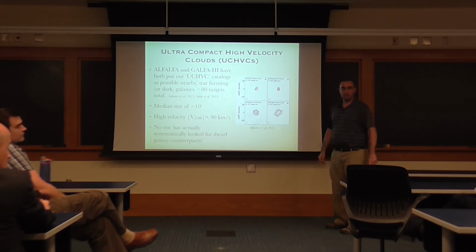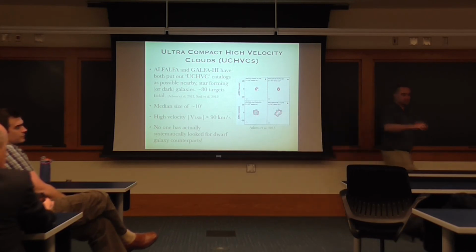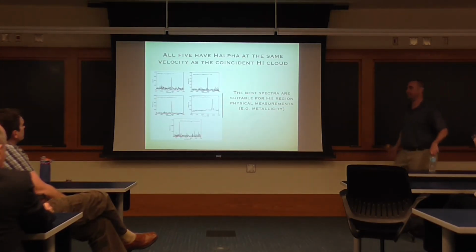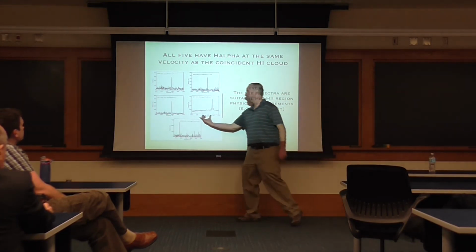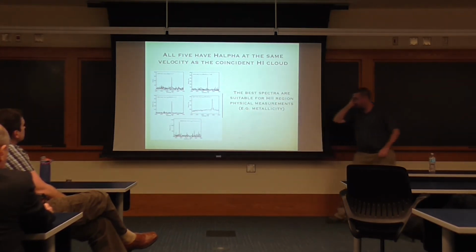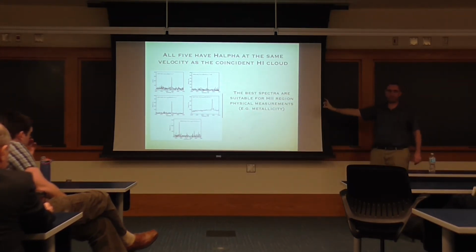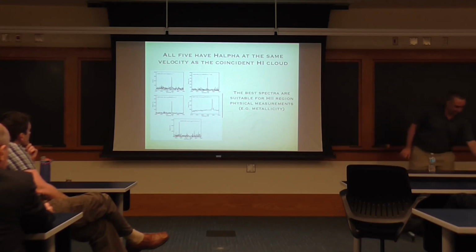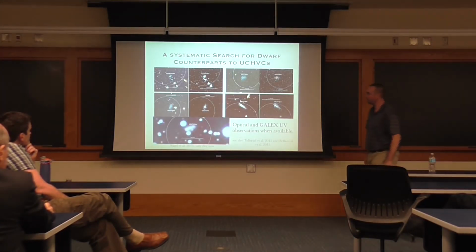Can you show the spectra? I mean, it's just H alpha. I did it on purpose. So do they have nitrogen or oxygen? For this good spectra we have, they do have the full suite of H2 region lines, and we can do temperature and metallicity work. But it turns out it's hard to know where the H2 regions are here.